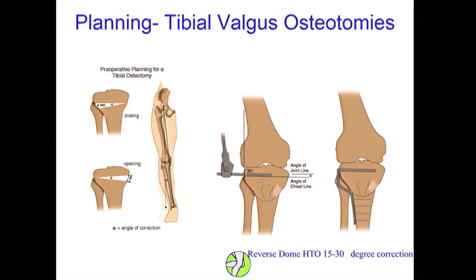It will make the leg longer, so make sure you don't have a long leg to start with. The reverse dome osteotomy in the tibia as well is very powerful. Again, I use this for about a 10 to 20 degree correction or up to 25 degree correction. These are usually Blount's disease patients or occasionally rickets, or the other indication is Paget's disease. I've done those as well.